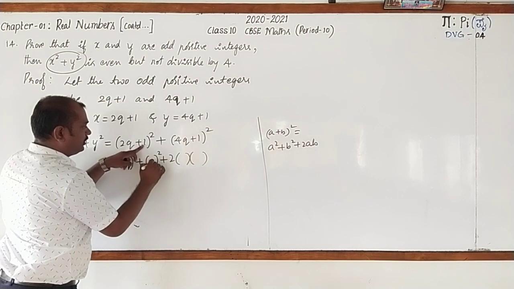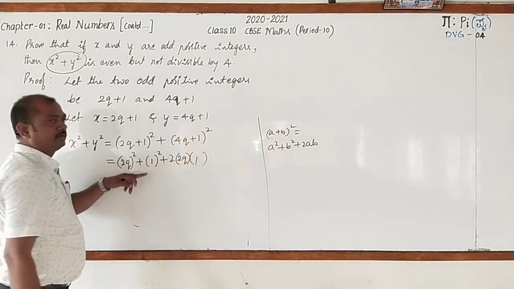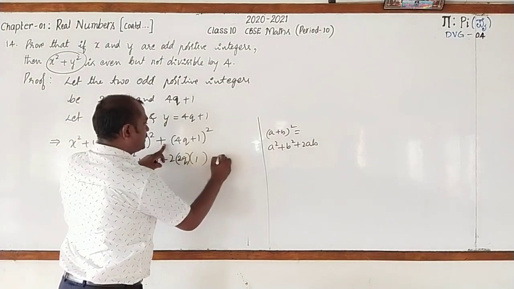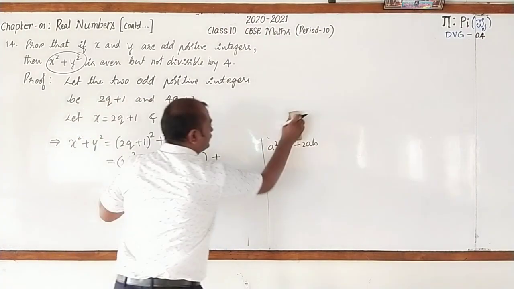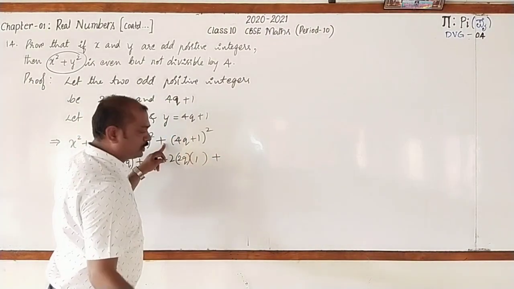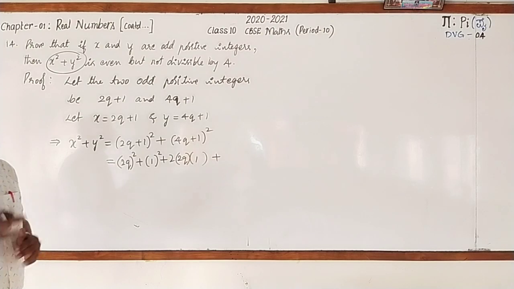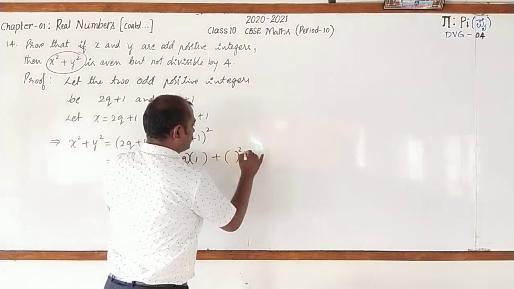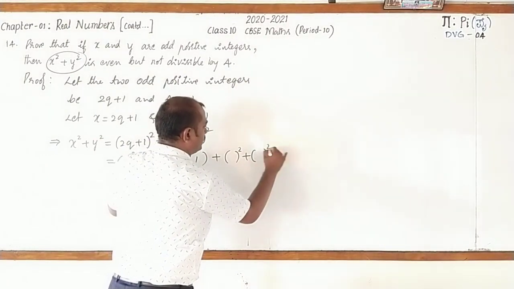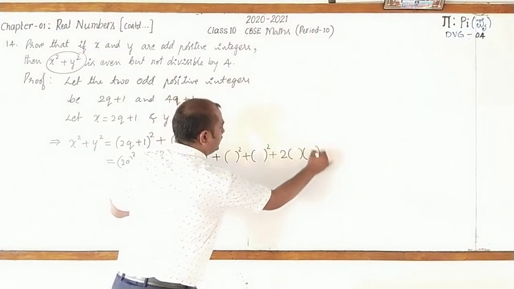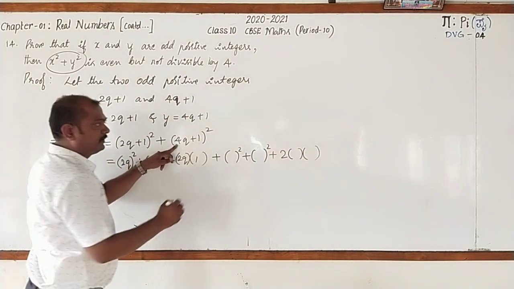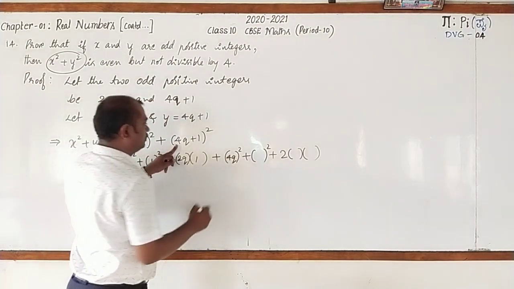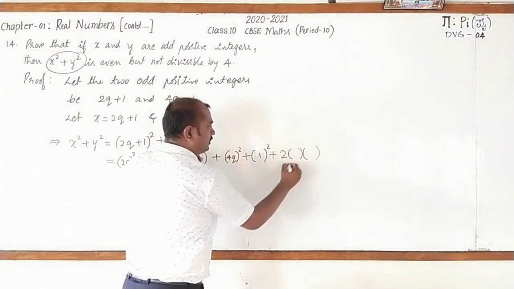For the first, a is 2q and b is 1: (2q) square plus 1 square plus 2 times 2q times 1. Plus, again (4q plus 1) whole square, also of the form a plus b whole square: a square plus b square plus 2ab, where a is 4q and b is 1.